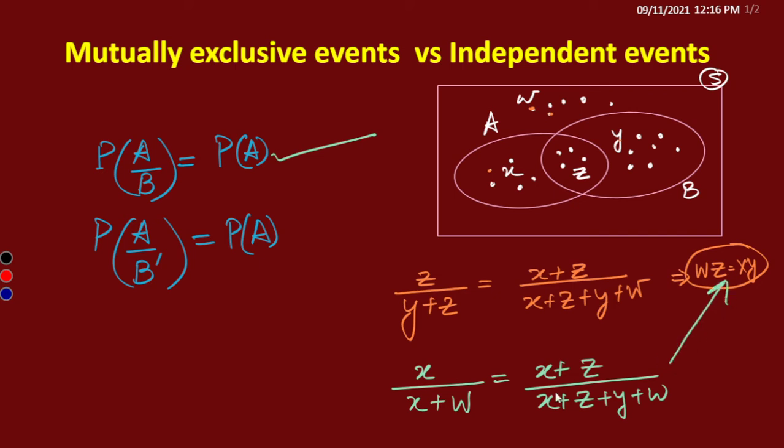Orally also, you can see x square gets cancelled with x square, xz cancels with xz, wx cancels with wx, so remaining is xy is equal to wz.